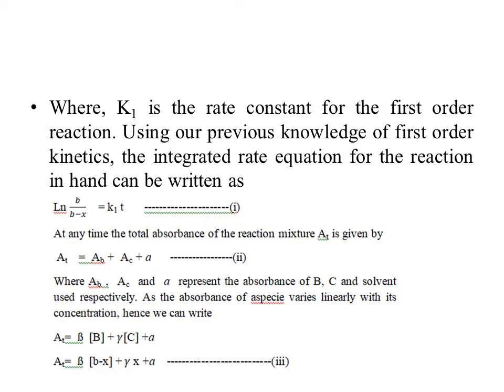Now the concentration of B and concentration of C from the previous equation we can put in this equation, then we get AT is equal to beta into concentration of B, that is B minus X, plus gamma into concentration of C, that is X, plus alpha. This is equation number 3.